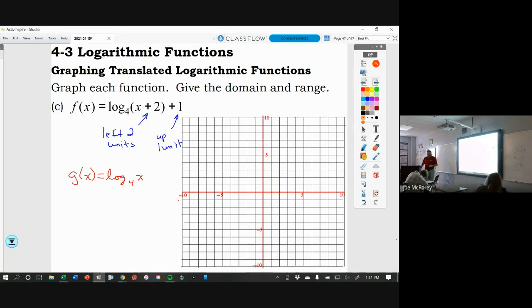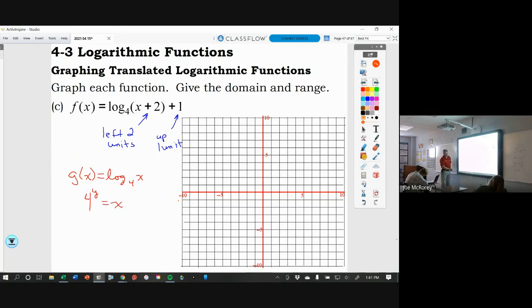We'll graph the related function g of x equals log base 4 of x. The base is 4, so 4 to the y equals x.